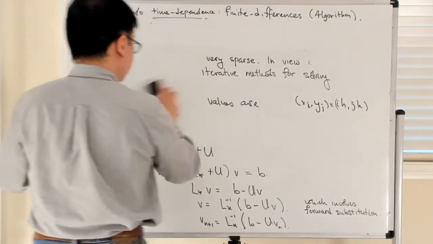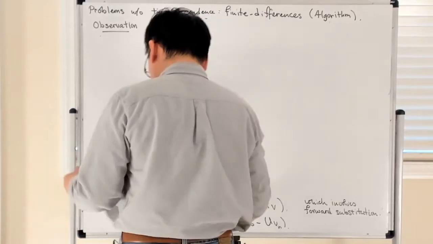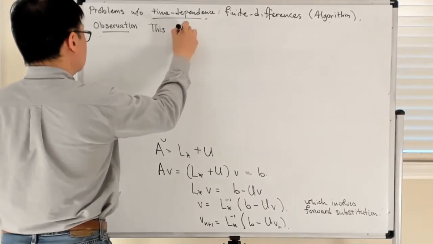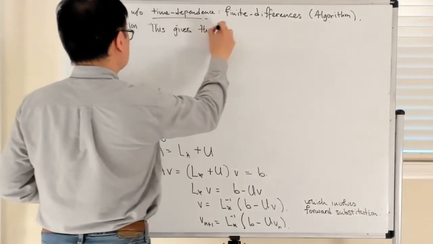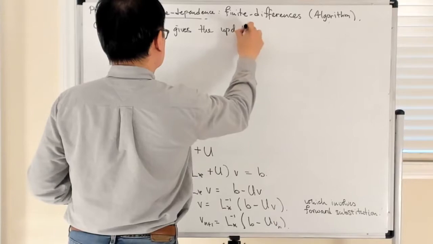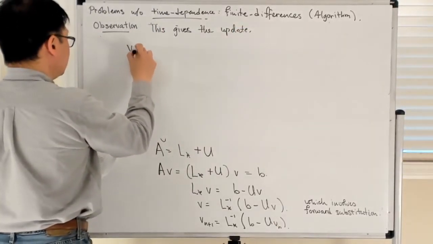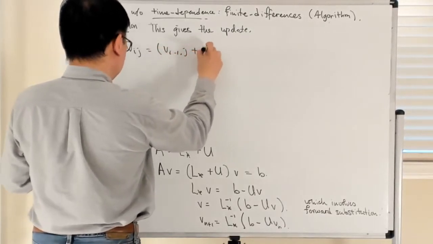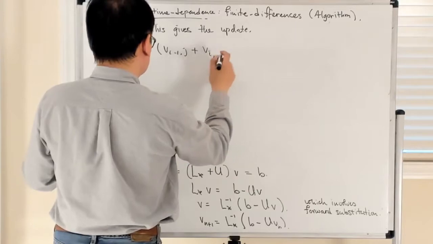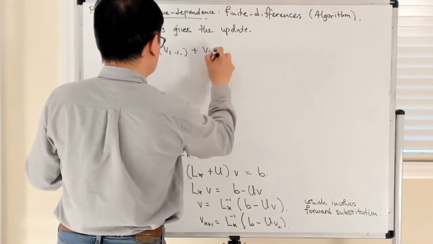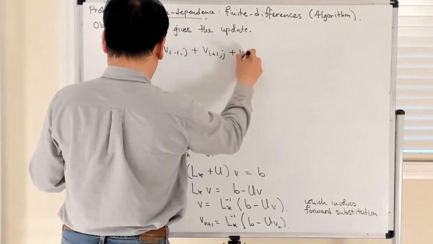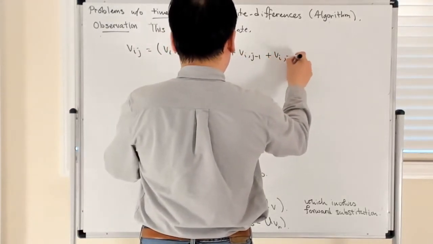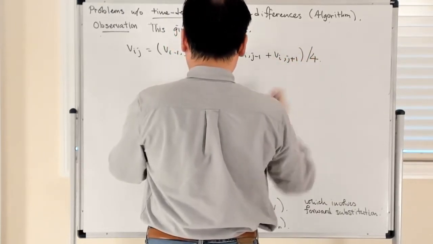That fixed point iteration ends up looking like the following update: V_ij is equal to V_(i-1)j plus V_(i+1)j plus V_i(j-1) plus V_i(j+1), divided by 4.